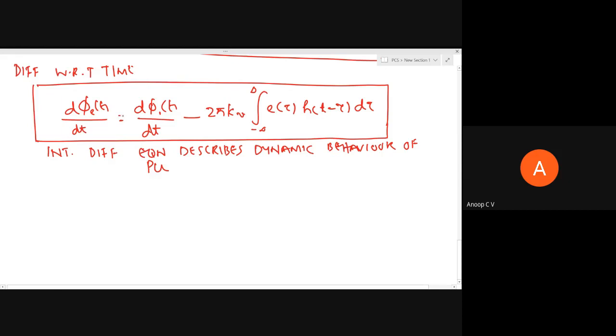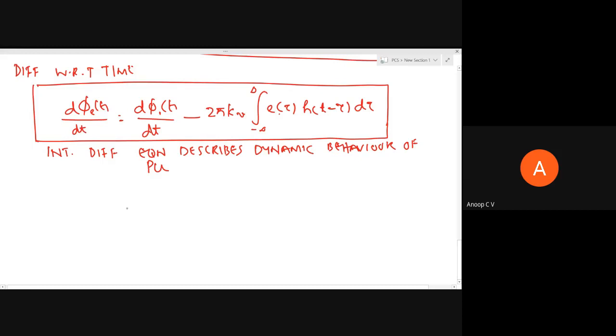So what we have here is d phi e by dt. It is equal to what? This integral e of tau into h of t minus tau d tau is nothing but e of tau passed through h of t. And what is this phi e of t? Initially I'll start with this phi e of t.